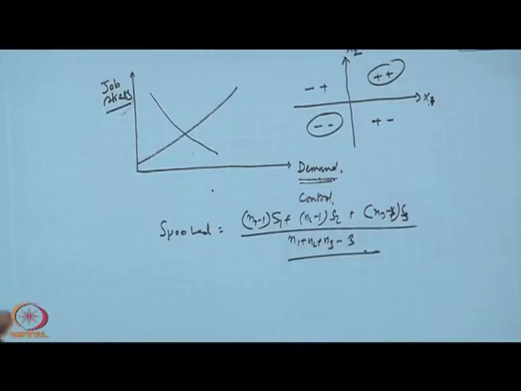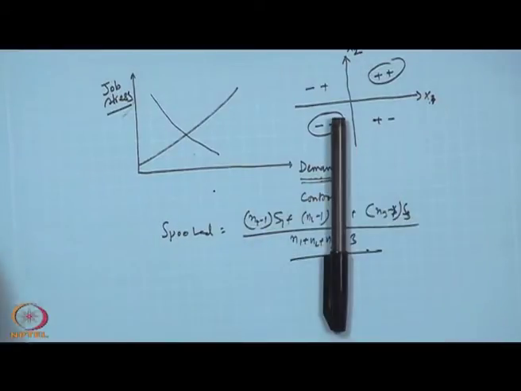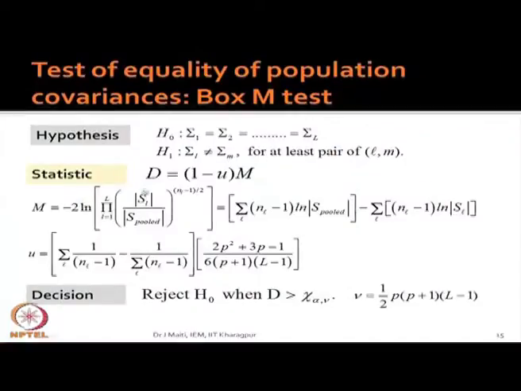That also you have to calculate, and then using this D statistic, which will follow a chi-square distribution with nu degrees of freedom, where nu is 1 by 2 times p into p plus 1 into L minus 1, p is the number of variables and L is the number of groups, levels or populations.